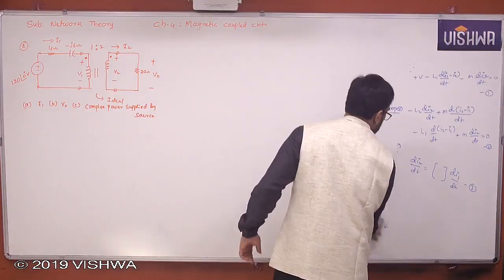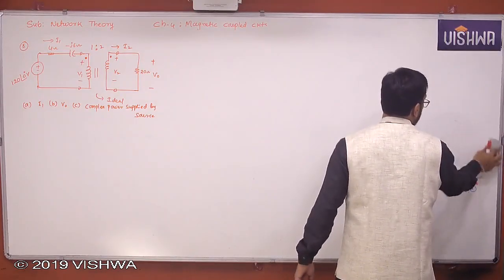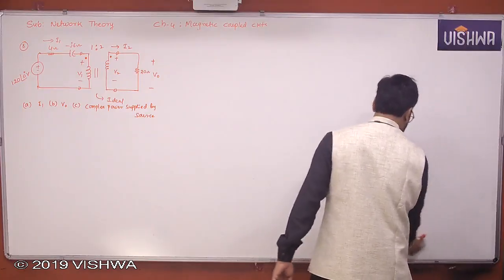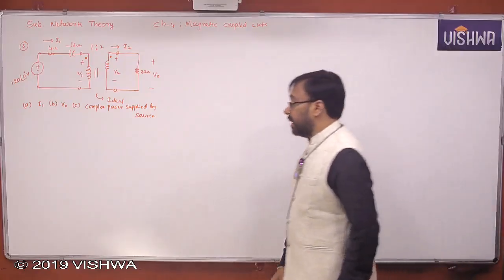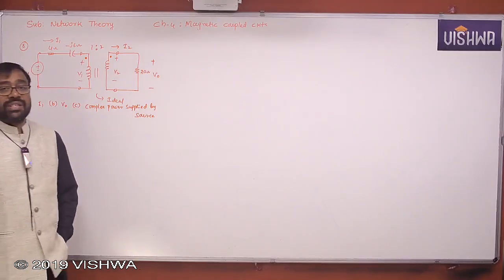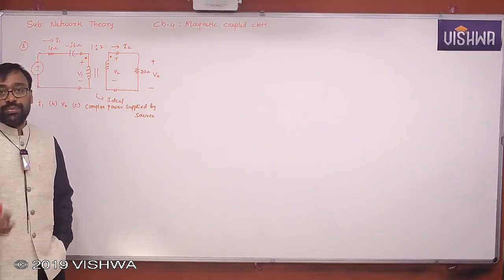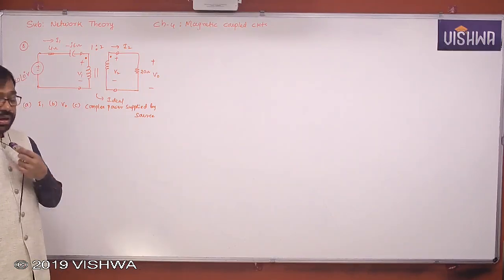Yes or no? V2 dash will become V2 by n, I2 dash will become n times I2, Z2 dash will become Z2 by n square. Similarly, primary to secondary, I1 dash will become I1 by n, V1 dash will become n times V1, yes or no? And Z1 dash will become n square times Z1.